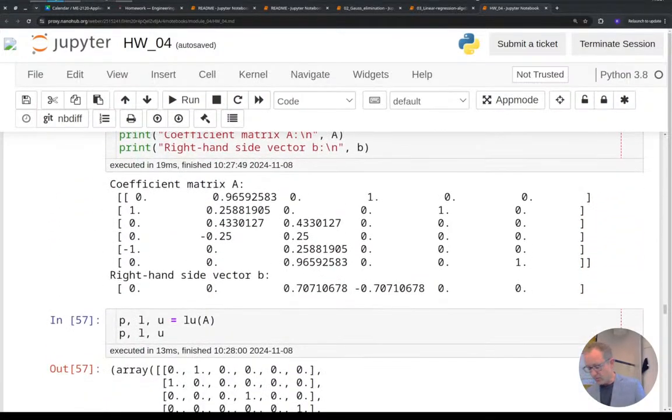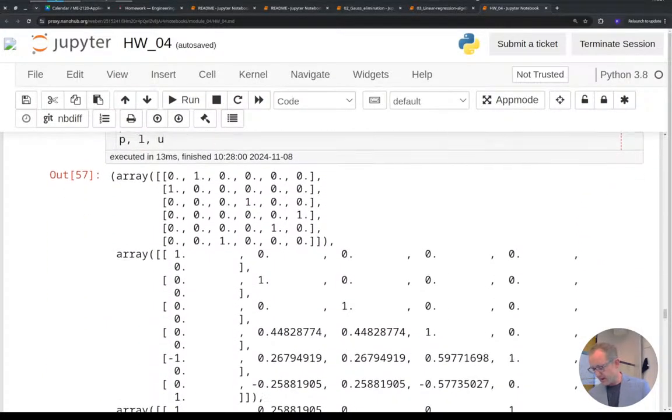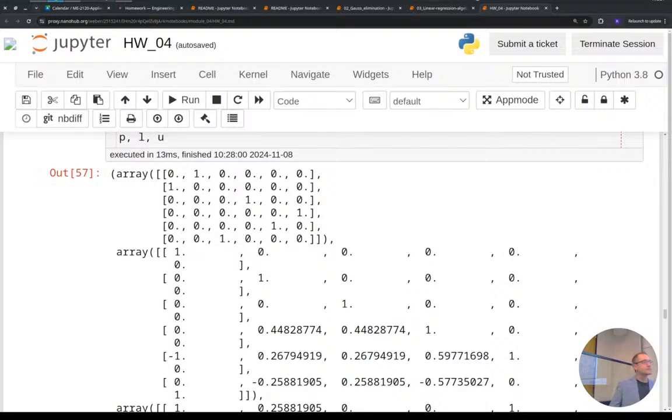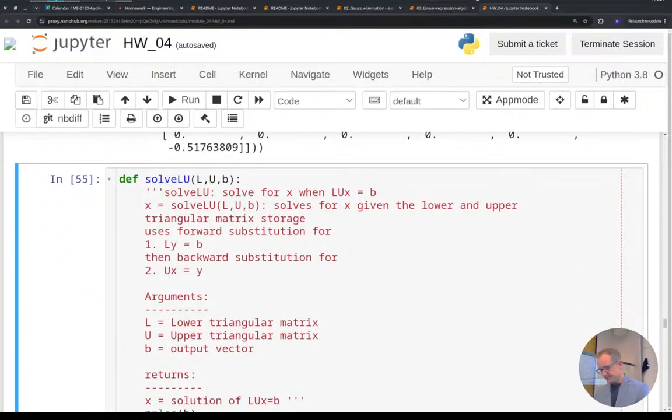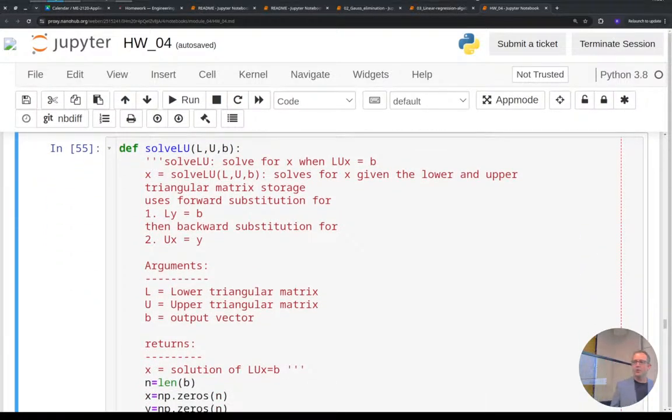If we get the LU decomposition using LU from SciPy, it does some partial pivoting for us to make sure that the Gauss elimination doesn't give us an issue. And in the reading there's a forward and backward substitution method.